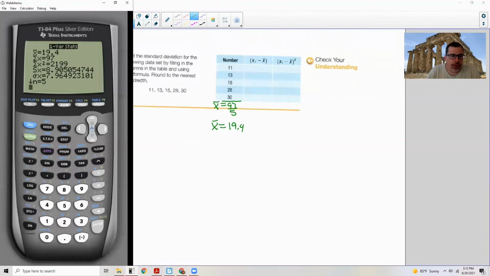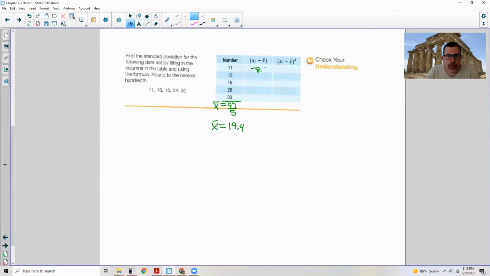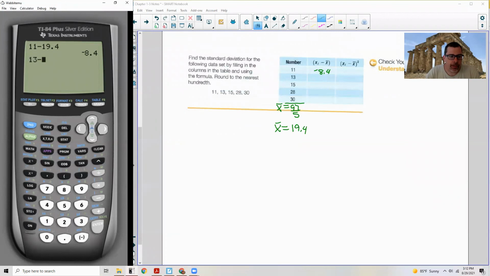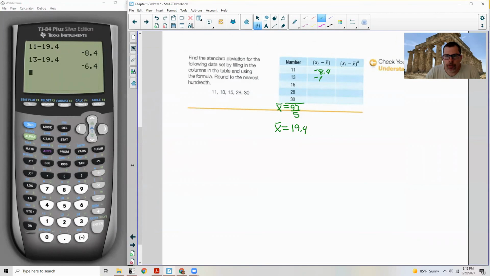And if you wanted to show all your work, then you would do this. 11 minus 19.4 and get negative 8.4. 13 minus 19.4 is negative 6.4. And 15 minus 19.4 would be negative 3.4.